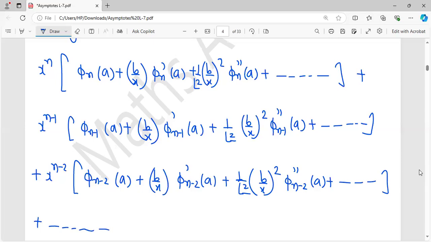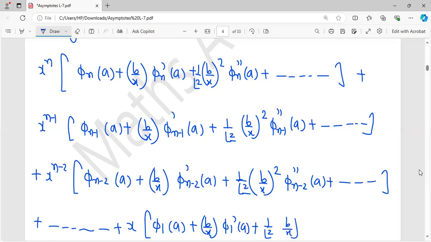Proceeding in this way, the last term is x phi 1 (a) plus b upon x phi 1 dash (a) plus 1 upon factorial 2 b upon x square phi 1 double dash (a), and so on.